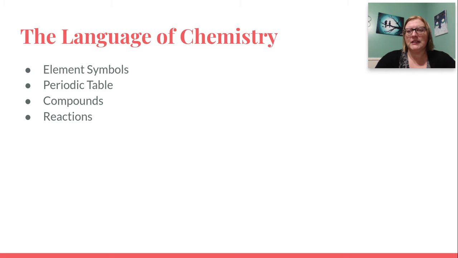Those letters can be mixed and matched to make different words, and we call those words compounds. And then those compounds can be put together with other compounds in what we call reactions, much like a sentence when we are speaking. So that's the language of chemistry. And so we're going to just start with our element symbols.